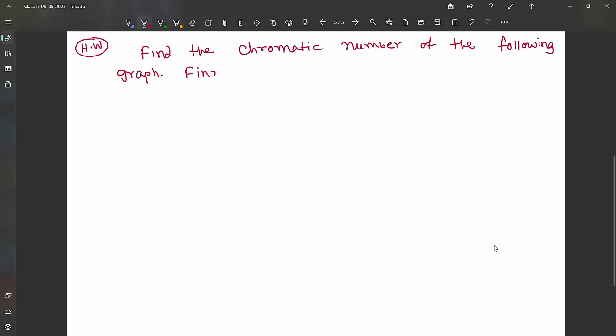And find whether this graph is perfect. And this is the graph.